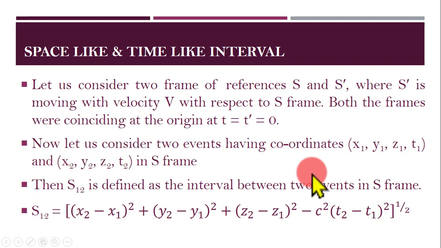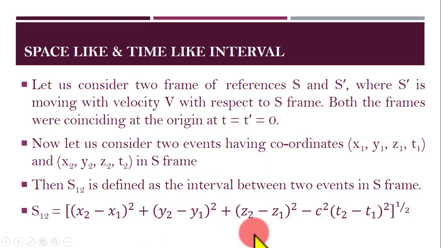We denote them by x1 prime, y1 prime, z1 prime, t1 prime for the first event, and x2 prime, y2 prime, z2 prime and t2 prime for the second event in the S prime frame. So the four coordinates for the events will change.